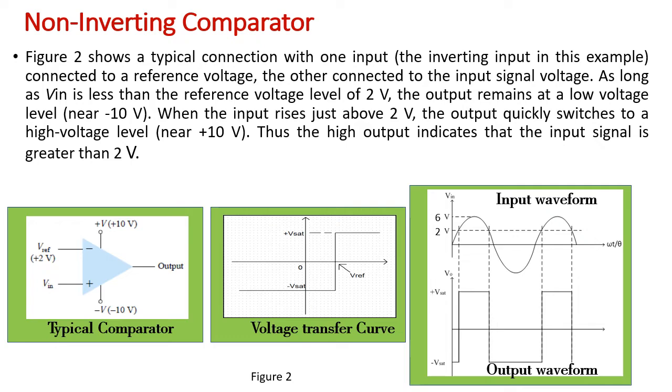This constant Vset will hold until the input reaches the Vreference voltage again. Once Vin goes below Vreference, it will switch to minus Vset, and continue until the input voltage equals 2 volts again. In this way we can convert a sinusoidal waveform into a pulse waveform.